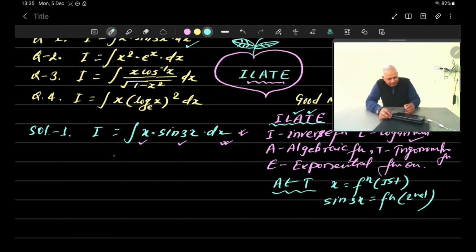So now the answer will be x, the first function, which comes outside, and you have to integrate sine 3x times dx.